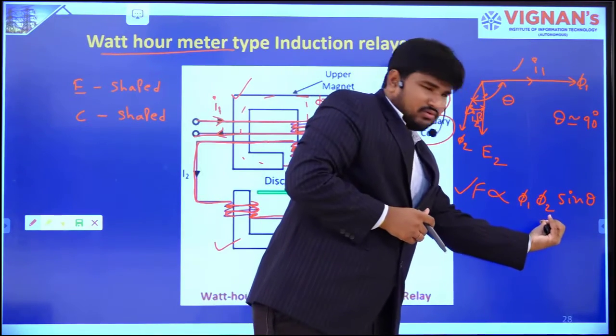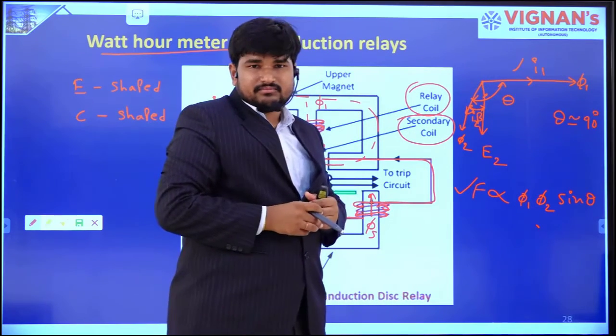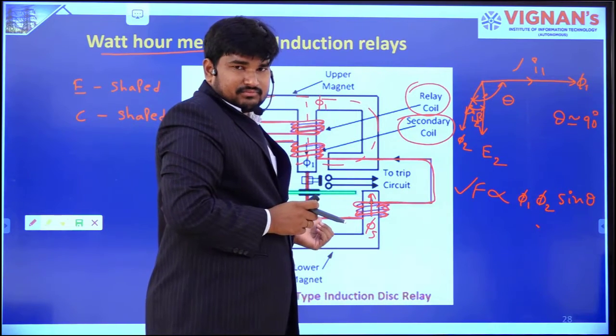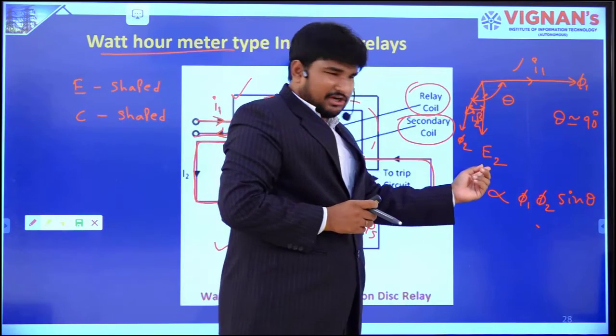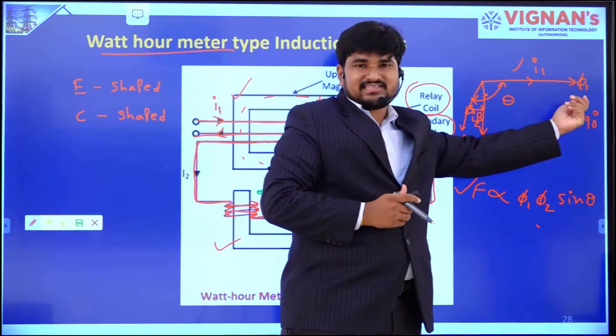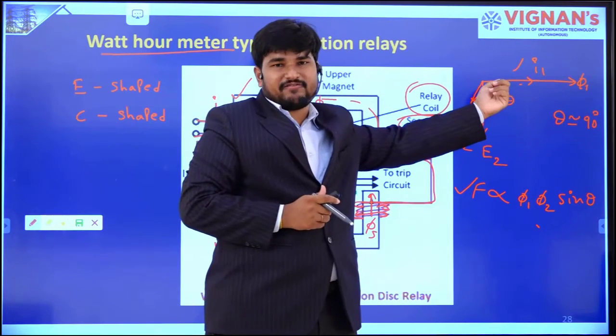And the phi 2 is also because of I1 only. How is it? Phi 2 is created by I2, and the I2 is created by E2. E2 is induced EMF because of flux cut. That is phi 1, and the phi 1 is because of I1.